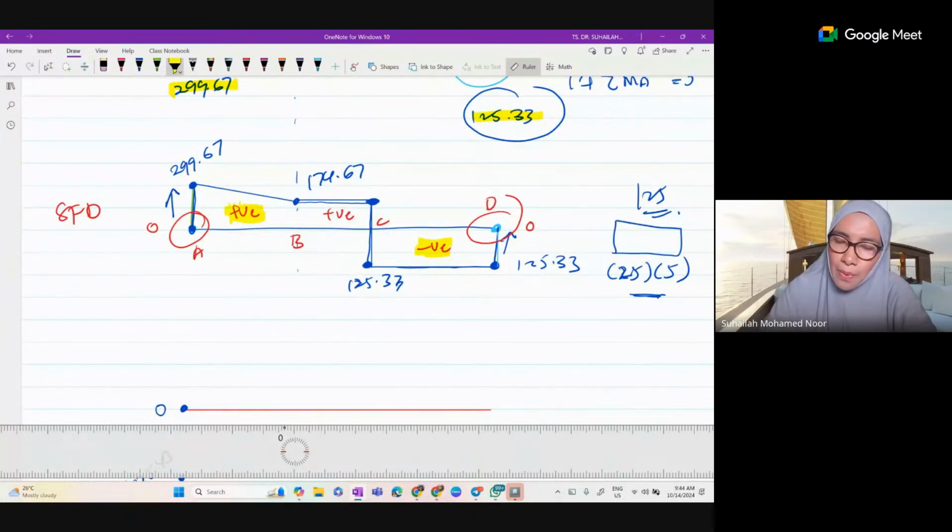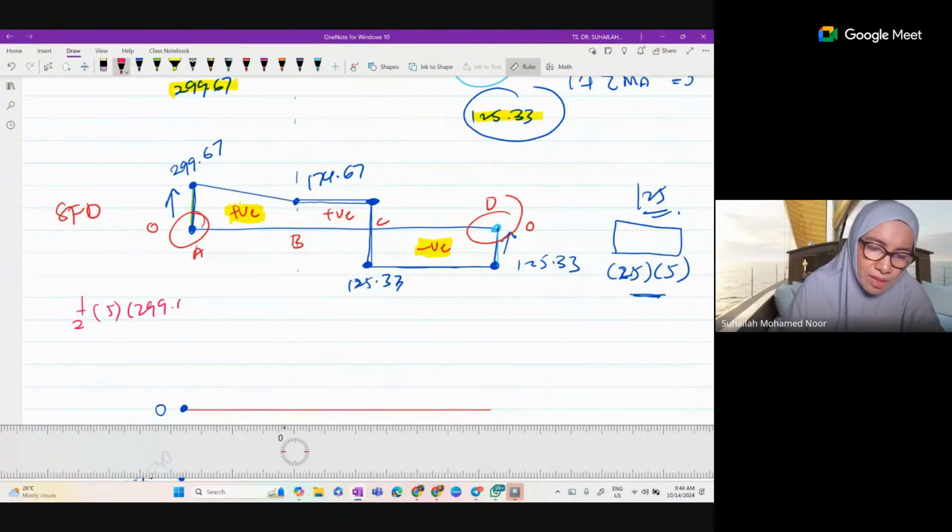Okay, what is the area? Try to calculate the area of this trapezium. Area of a trapezium is 1/2 times 5 times 299.67 plus 174.67.